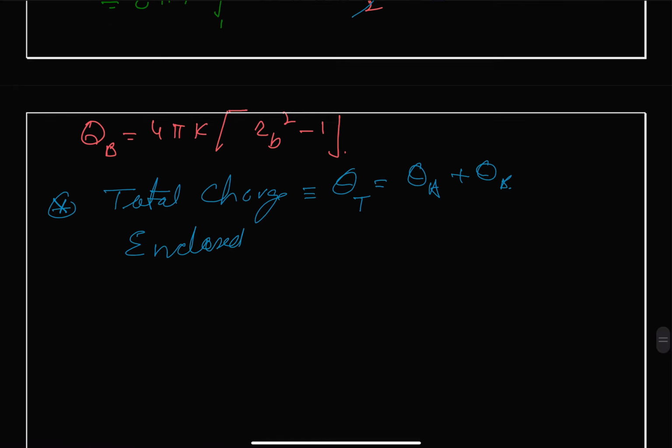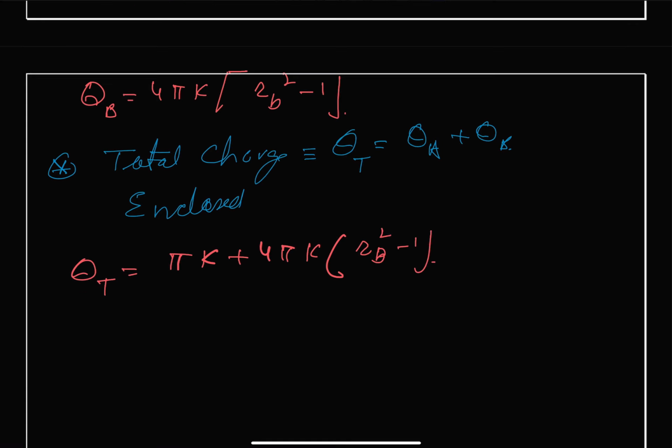So we get this as QT, QA is our pi k, QB is our 4 pi k times RB square minus 1, and pi k we can take as common.